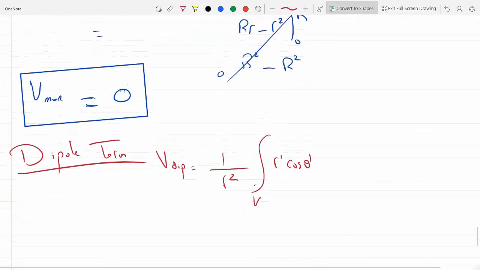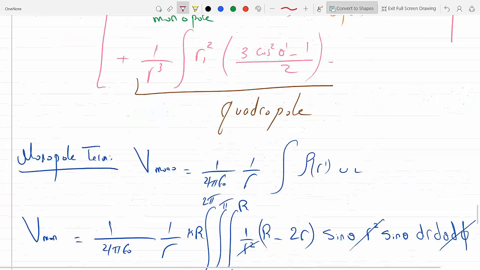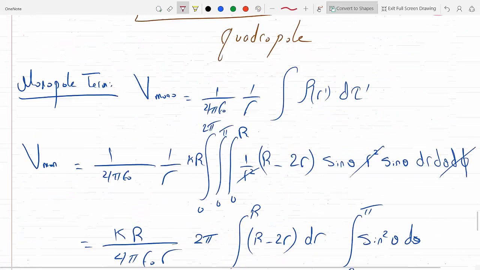So what's rho? Rho is what we have: k r, over r squared, r minus 2r, sine theta d tau prime. And then I have outside 1 over 4 pi epsilon, and 1 over r squared, we took care of that.